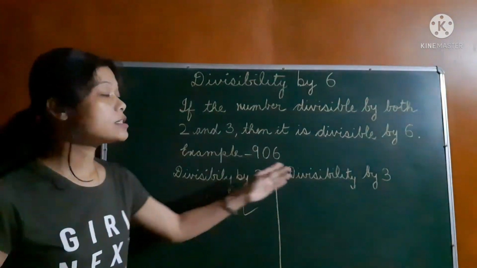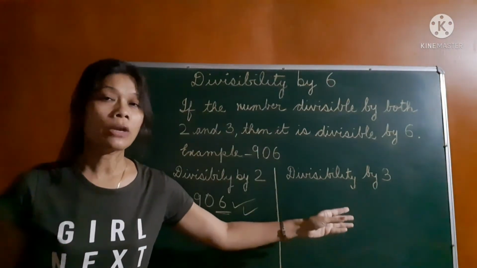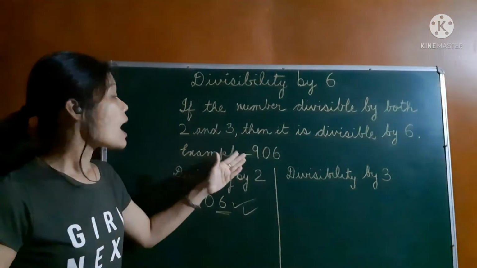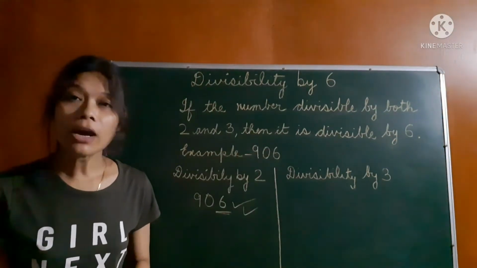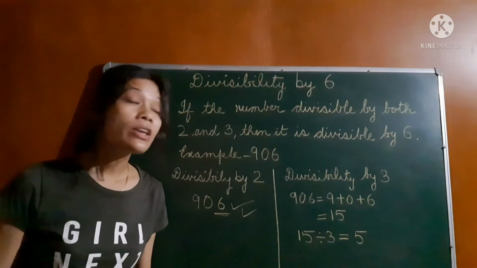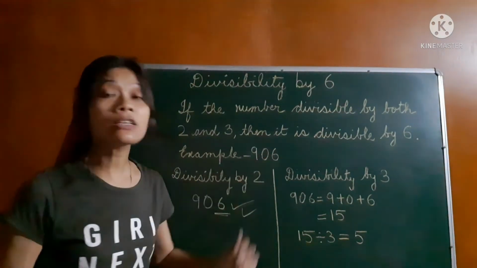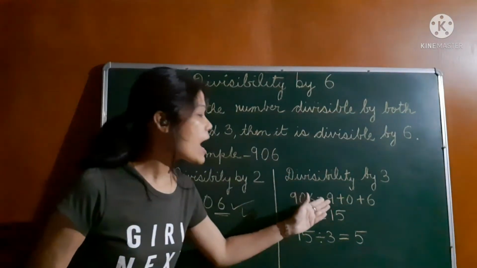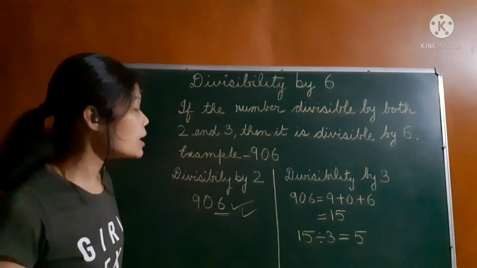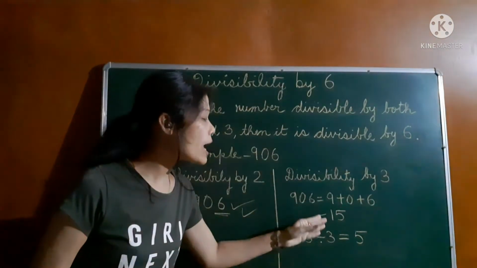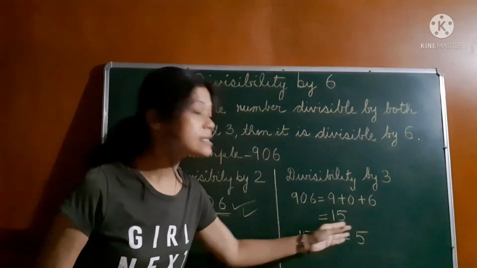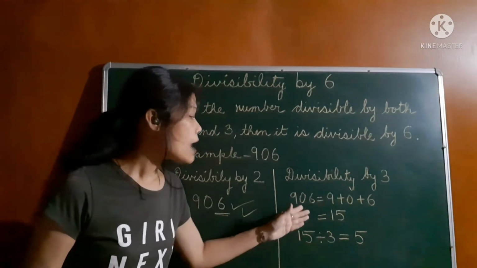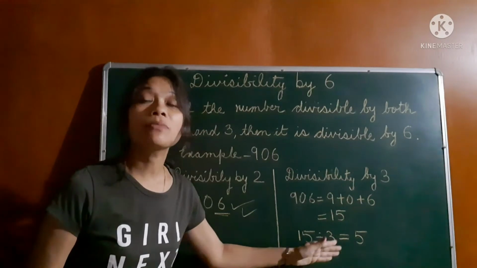So it will be divisible by 2. Now we will check divisibility by 3. We will add the digits of the given number. The number given here is 906. So we have added the digits of the number according to the divisibility rule, and the sum is 15. 9 plus 0 plus 6 is 15, and 15 is divisible by 3.